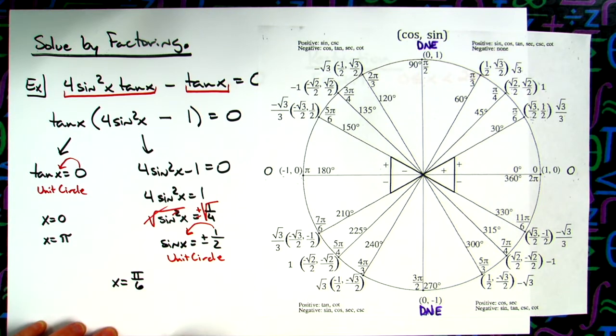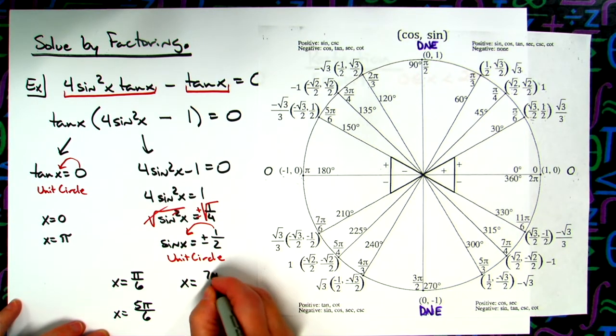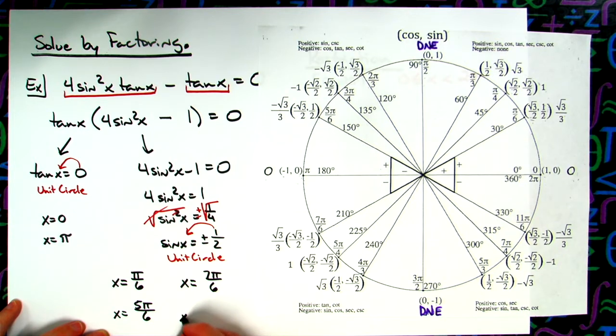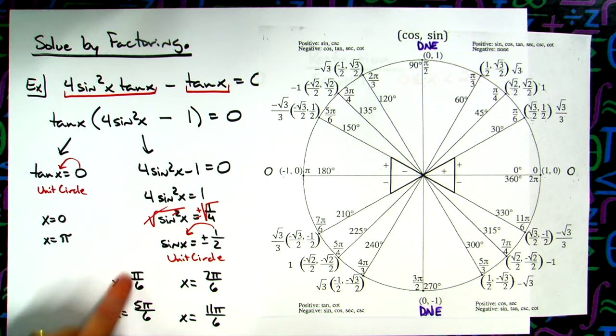Okay, so what's the other one? 5 pi over 6. And those are both of my positive 1/2. All right, now go look for the negative 1/2. 7 pi over 6. Okay, and then give me the other one. 11 pi over 6. So these come from the positive 1/2. These come from the negative 1/2.